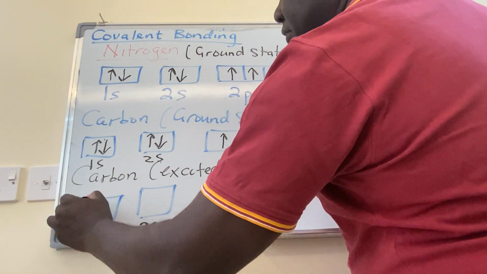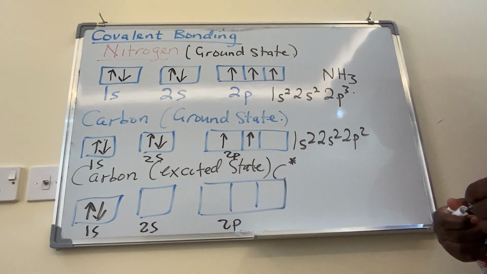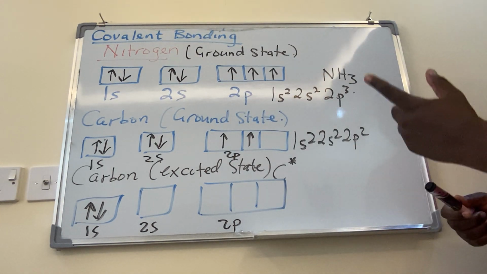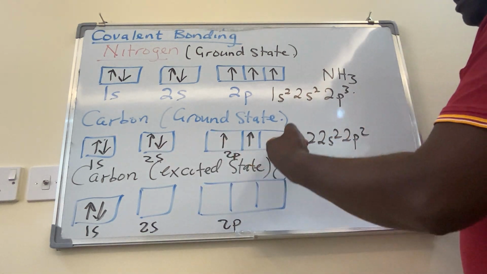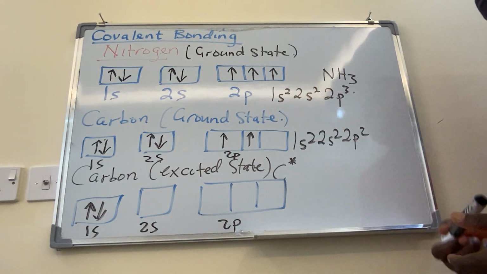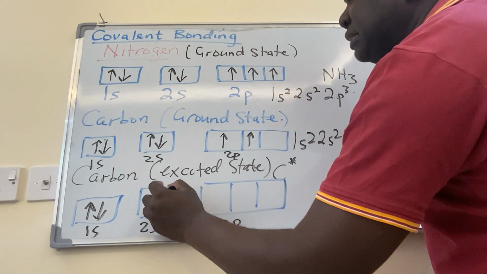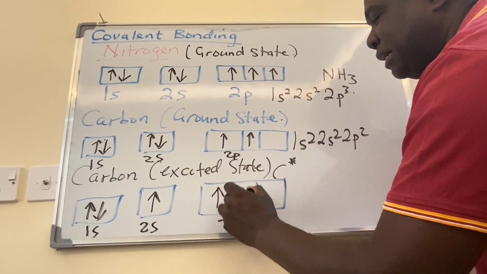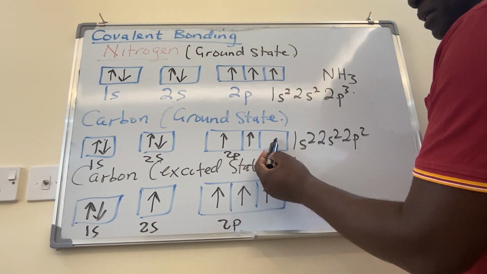These 1s electrons are not involved in bonding. They are in the innermost shell. During bonding, one of the 2s electrons is promoted to the 2p. The energy given out during bond formation causes one of the 2s electrons to be promoted to the 2p, which was a vacant orbital.